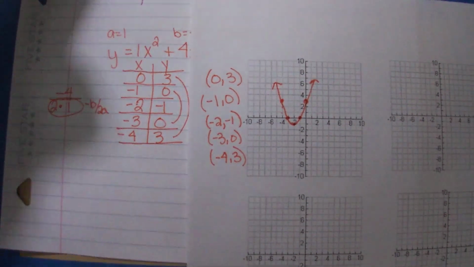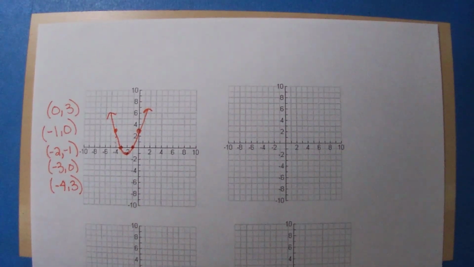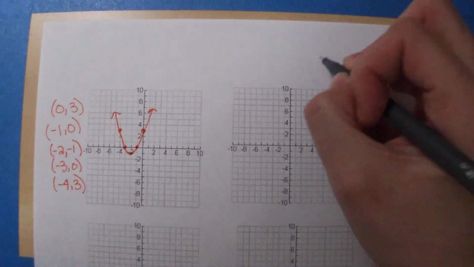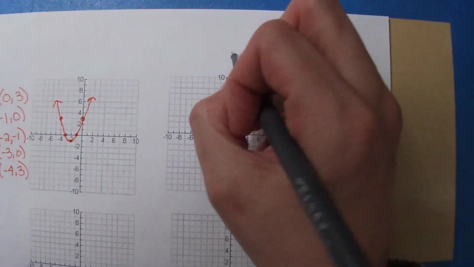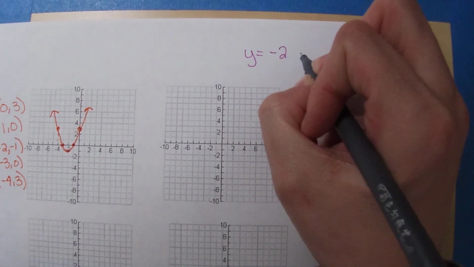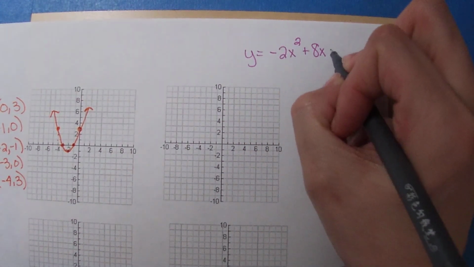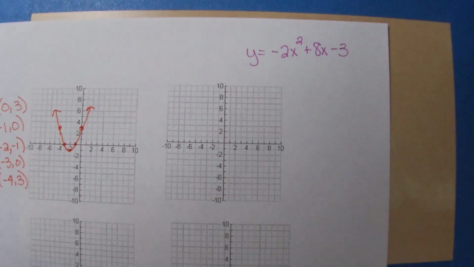Okay? So let's try and do another one here. My guess is at this point you're kind of like, I don't really know. But again, we're going to do another one. I'm going to sort of get into the process here, and then once you get the process down, it's pretty straightforward. So how about we say y equals negative 2x squared plus 8x minus 3.